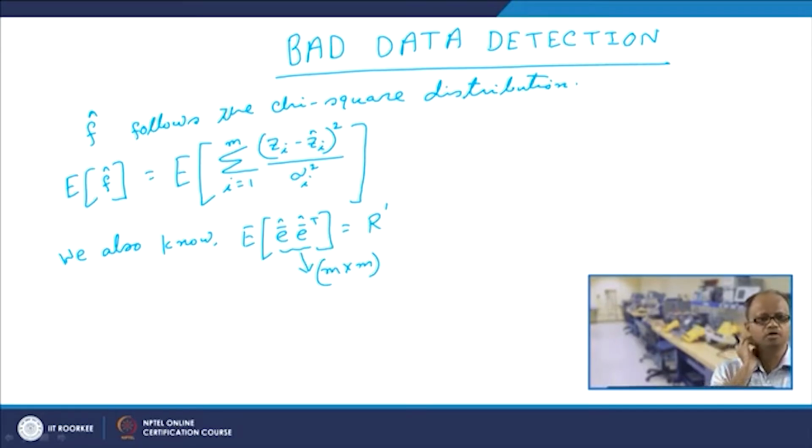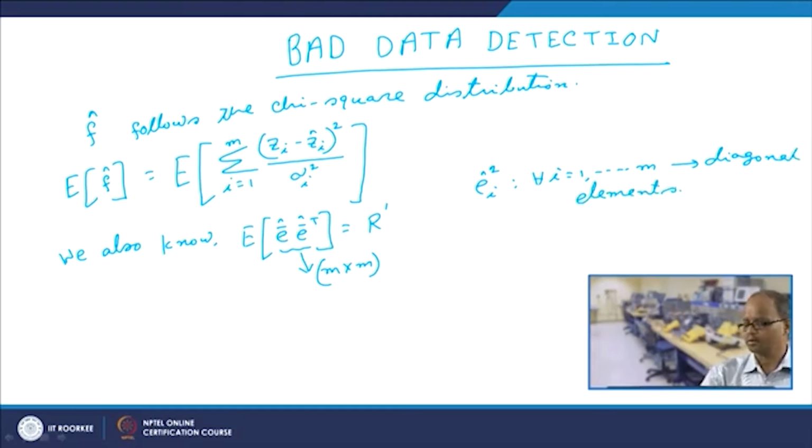And because it is a square matrix, all the quantities, the expected value of e i hat square for i equal to 1 to m, are the diagonal elements. Correct.